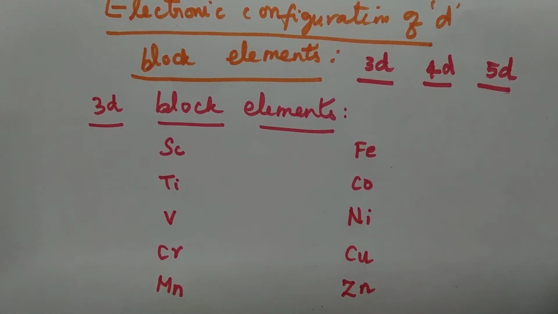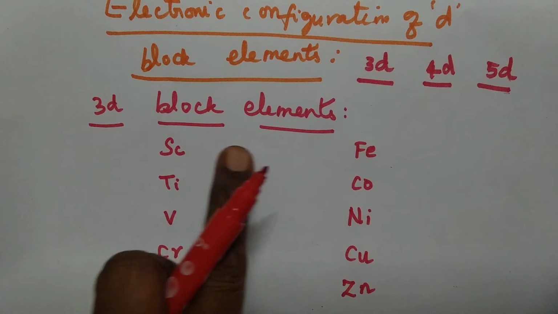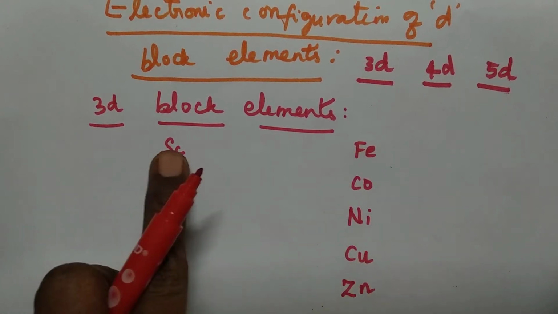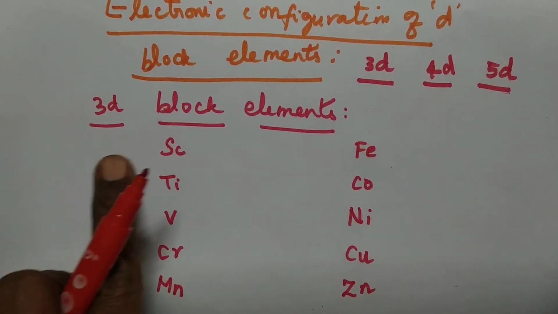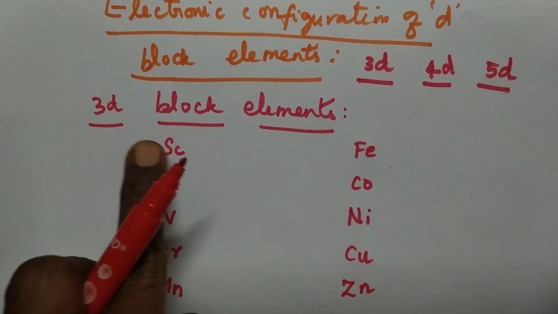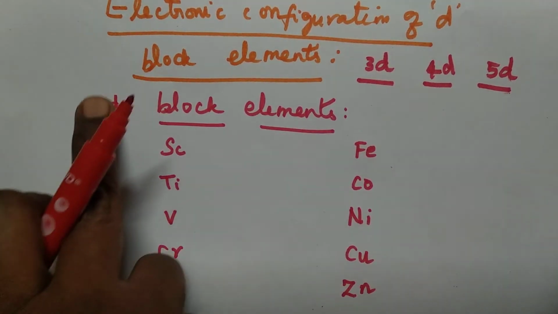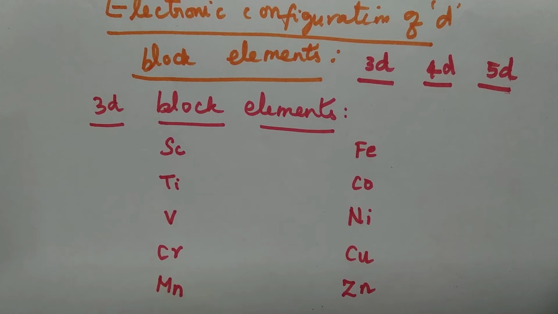These are the 10 elements that occupy the first 3d series, or 3d period.